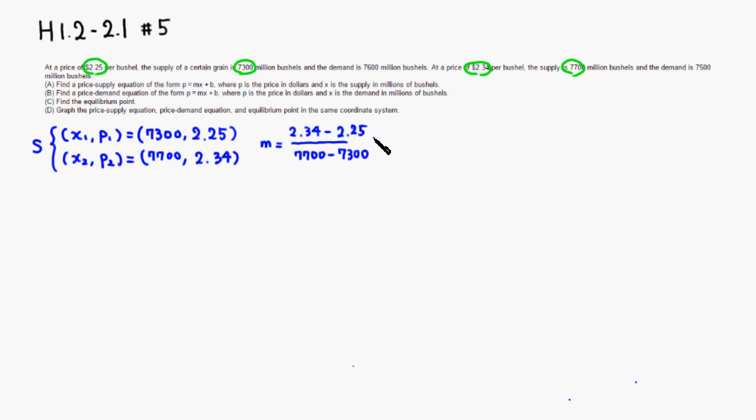So this is going to be 0.09 over 7,700 minus 7,300, so it's going to be 400.